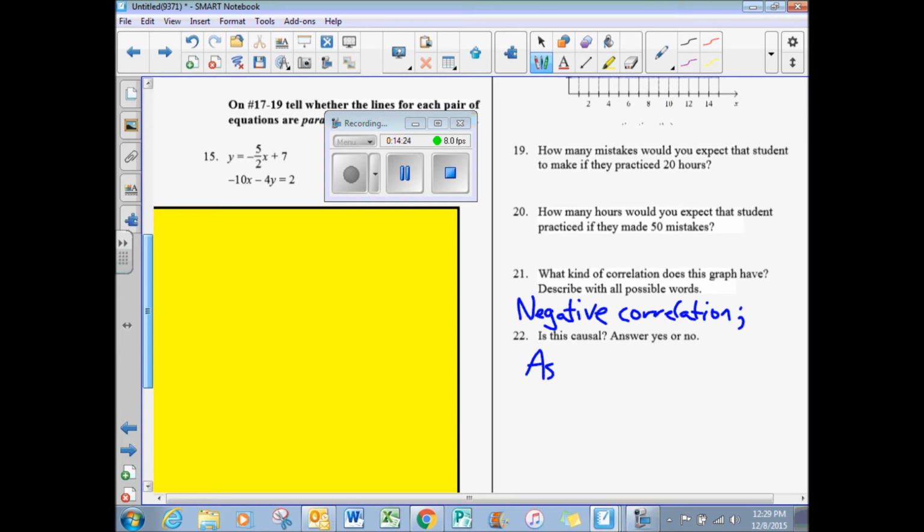As number of hours. Yeah, but I like to use, when we talk about graphs and real life situations, I like to use that just so we can connect it. As the number of hours increases, the number of mistakes decreases.